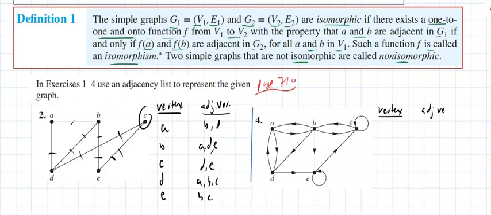And here, if I label the vertices of what I have, adjacent vertices, I have A, B, C, D, and E. For A, I notice from A, I have B and D. These are directed. You got to be cautious with those.